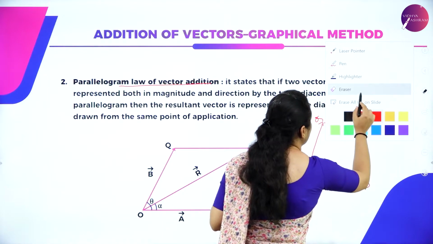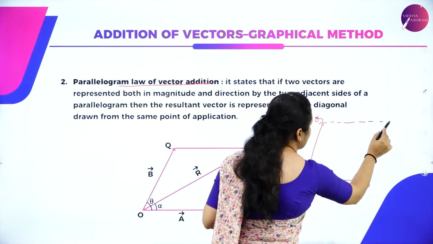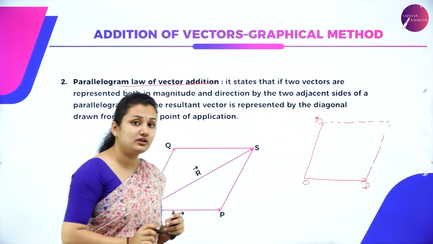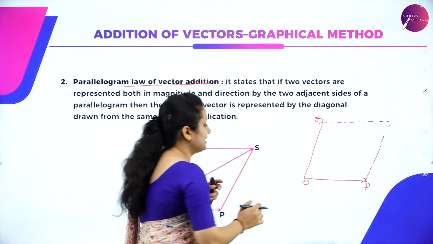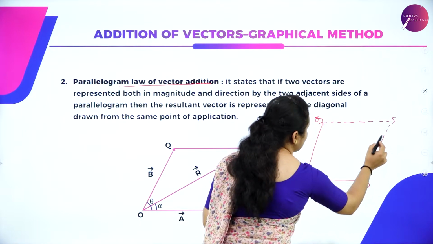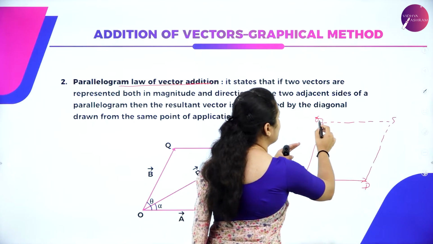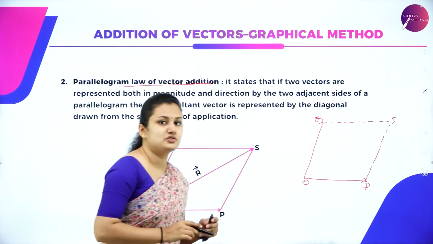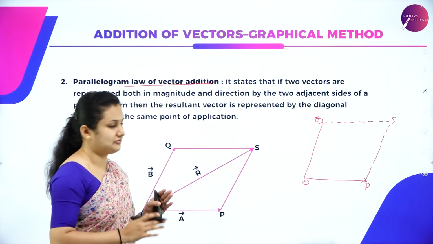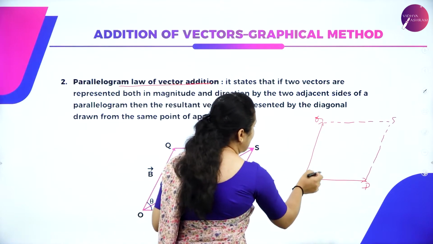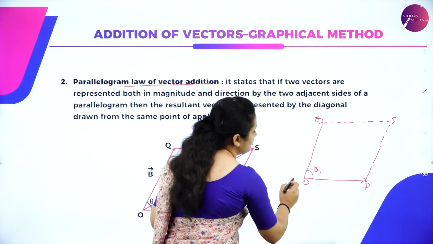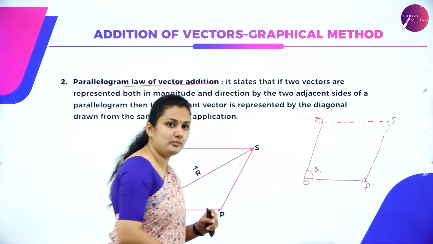This is S. So OP is parallel to QS, and OQ is parallel to PS. So it is a parallelogram now. The adjacent sides are making an angle theta. Line OQ is making angle theta with line OP.